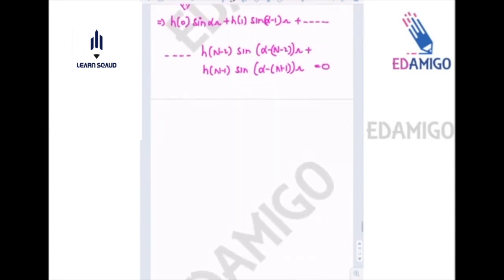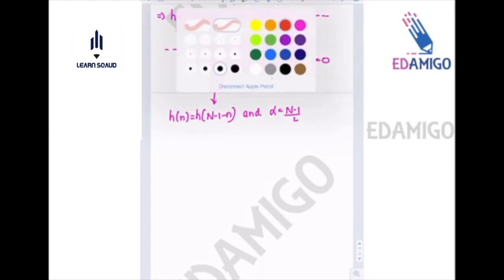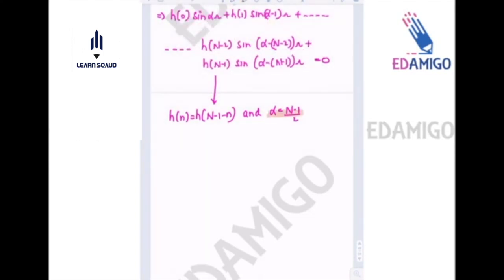Now this will be 0 only when h[n] is equal to h[N minus 1 minus n] and alpha is equal to (N minus 1) divided by 2. So these two should be the conditions for this to happen. So these two are very important conditions.